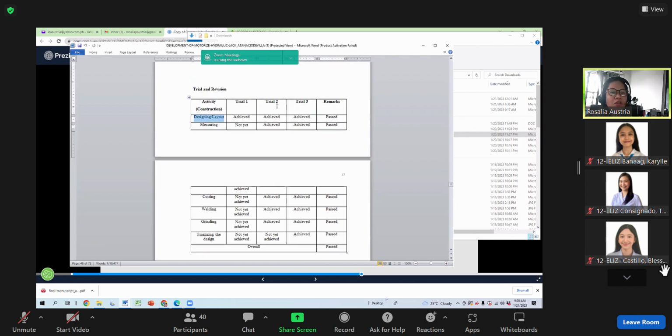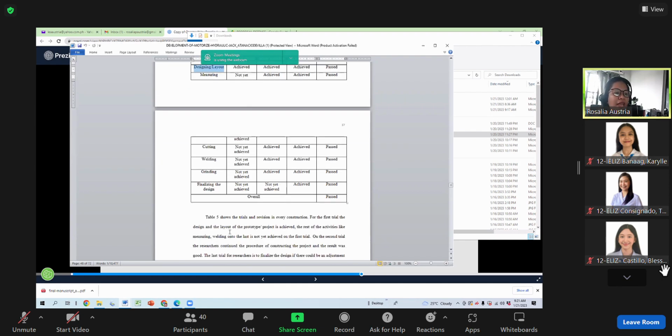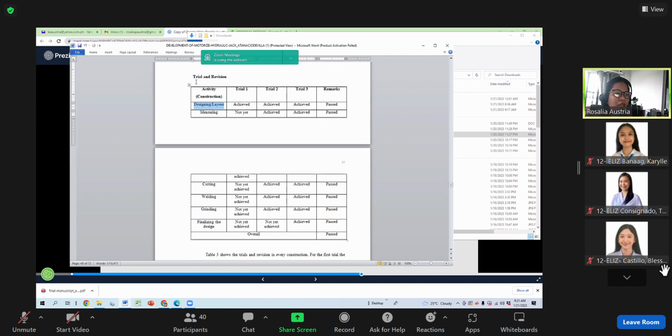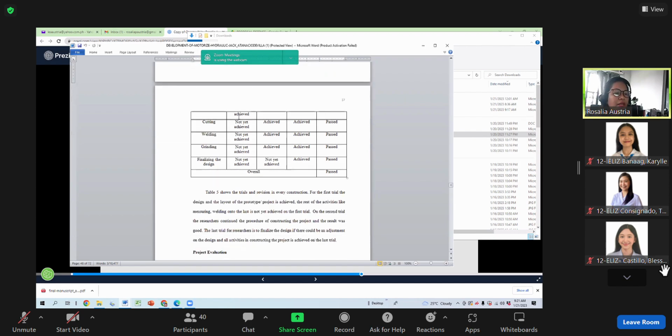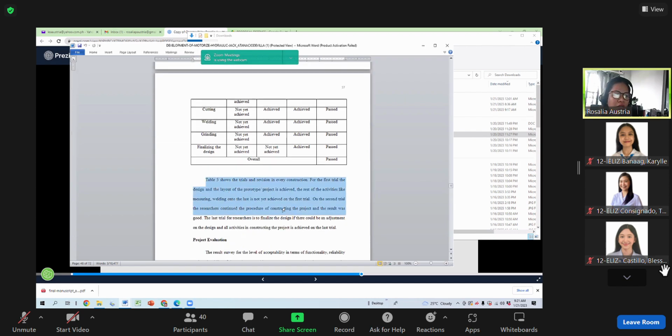However, kung kayo naman ay electricity, gaano yung kanyang bilis o na-stored na energy, for instance, for the first trial, second trial, and the third trial. Okay? And explain that. For instance, ito ay table 5 niya. So, dapat dito, table 5, trial and revisions of the blank. What kind of prototype? And then, ito yung explanation niya. Ayan. You have to explain what is this about and how were you able to achieve it.